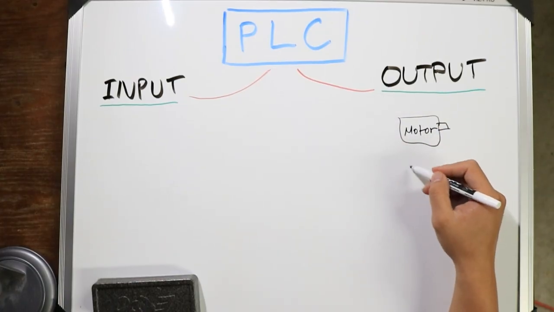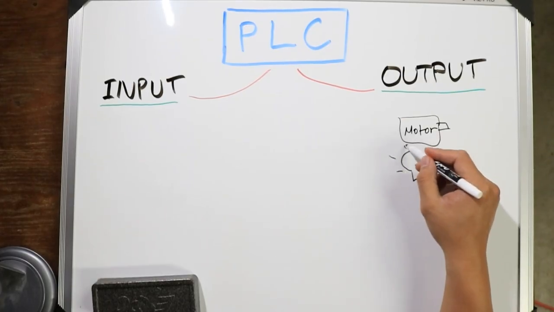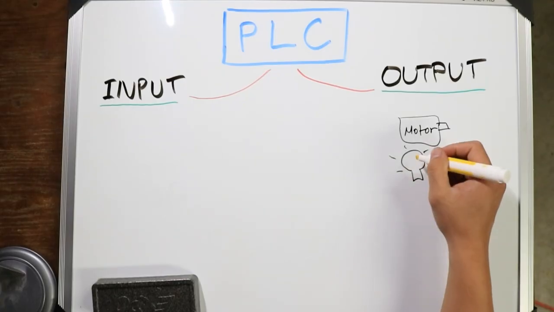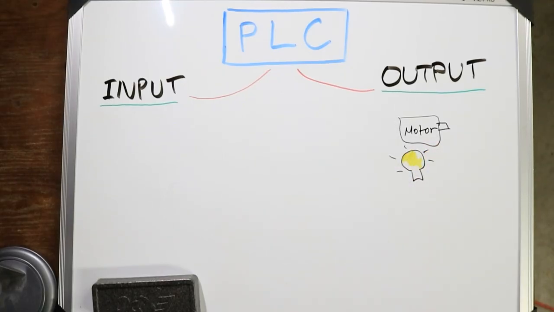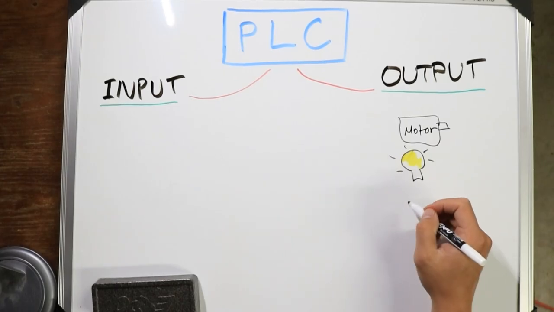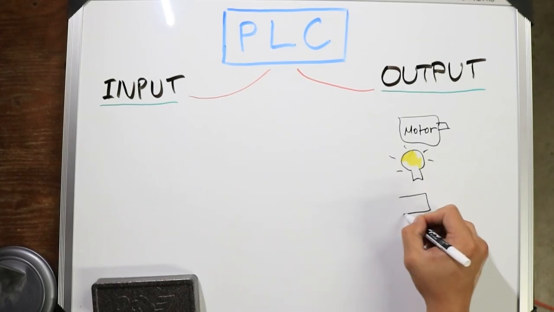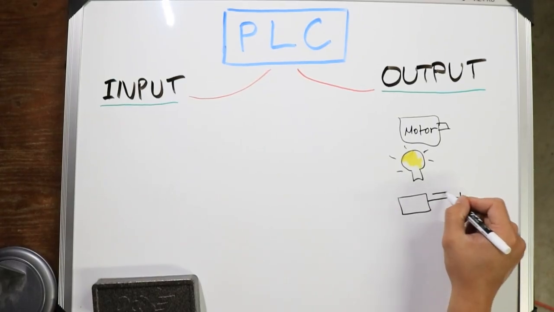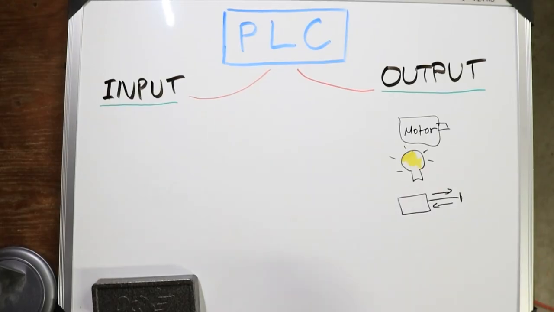Another output would be a light. We'll just draw a light bulb so you can see it. A light. Or sometimes a cylinder. A cylinder will move in and out, it goes out, it goes in. Actuator, whatever you want to call it.